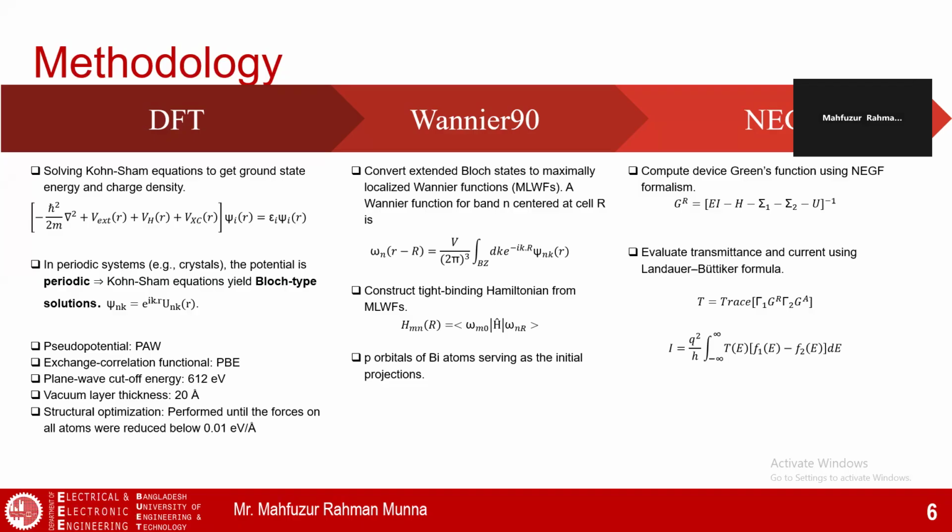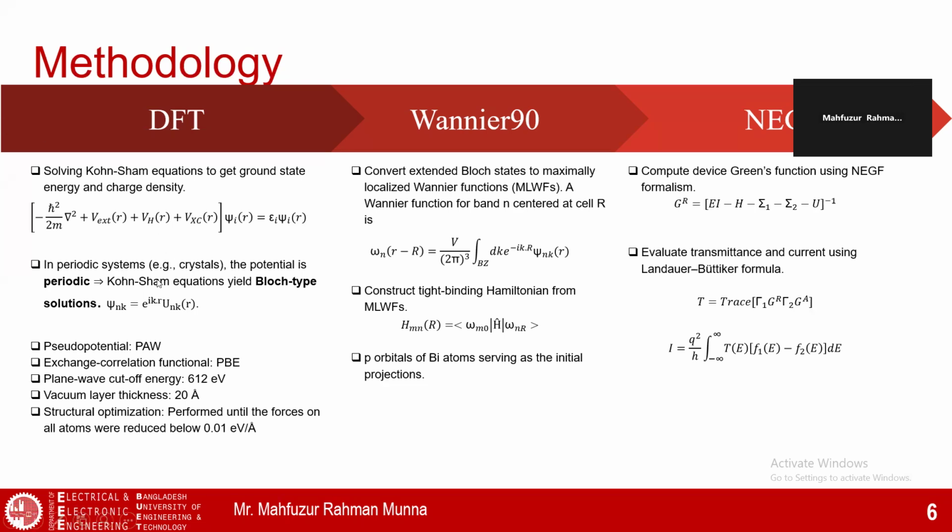So if any of you have experience with DFT calculation, you know that this exchange correlation functional can be modeled in various ways. For example, by using generalized gradient approximation, or local density approximation, or hybrid functional.